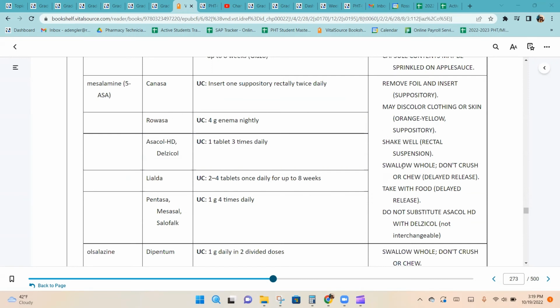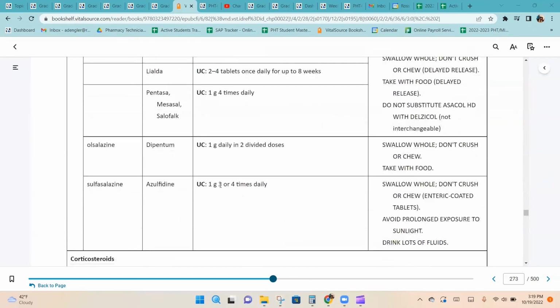Rowasa is the rectal suspension, so we should shake well. For these tablets listed here, Asacol, Lialda, and Pentasa, they all should be swallowed whole. Do not crush or chew. Take with food, and do not substitute Asacol HD with Delzicol. They're not interchangeable, even though the package looks exactly the same.